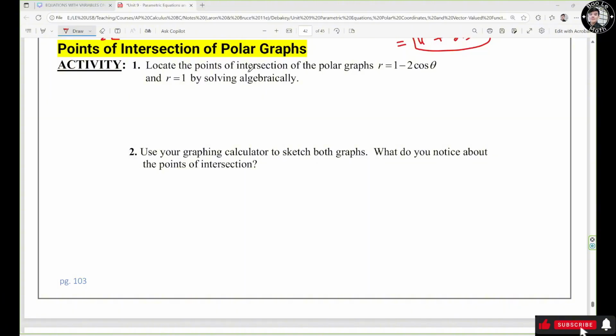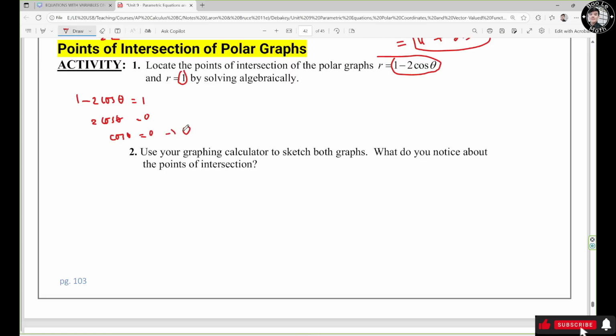Alright, locate the points of intersection of the polar graphs r equals 1 minus 2 cosine theta, and r equals 1 by solving this one algebraically, right? So we just equate this guy and this guy, right? So we have 1 minus 2 cosine theta equals 1, right? So 2 cosine theta equals 0, right? So cosine theta equals 0, right?